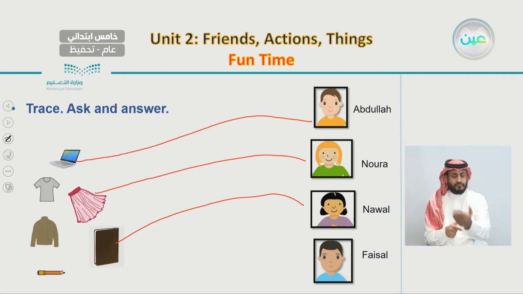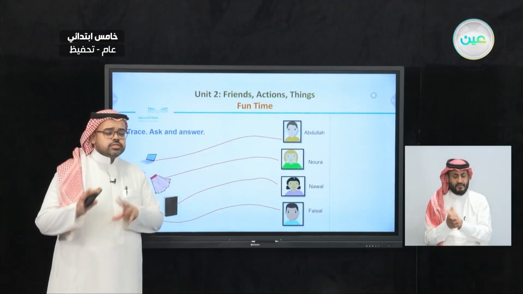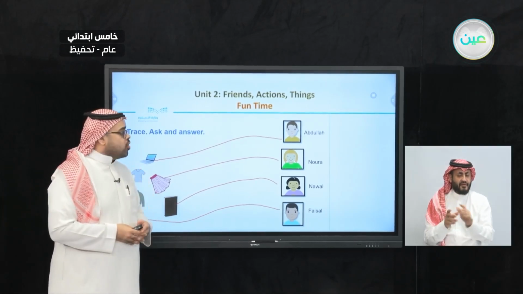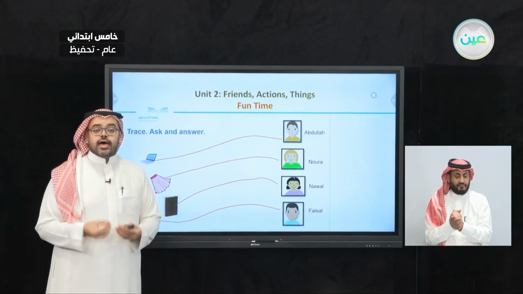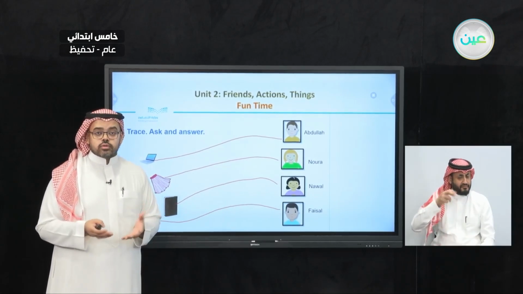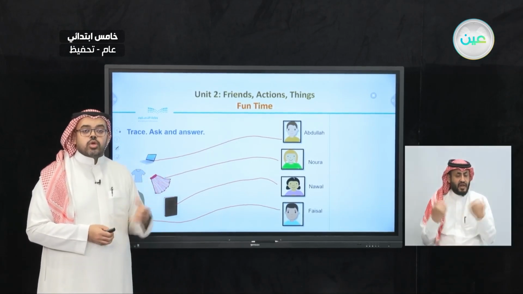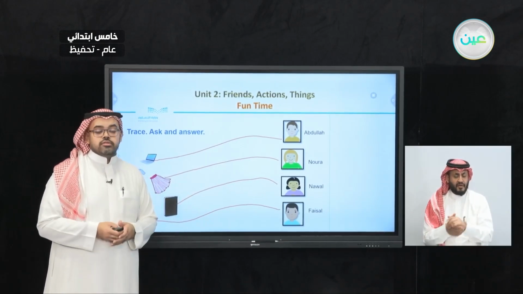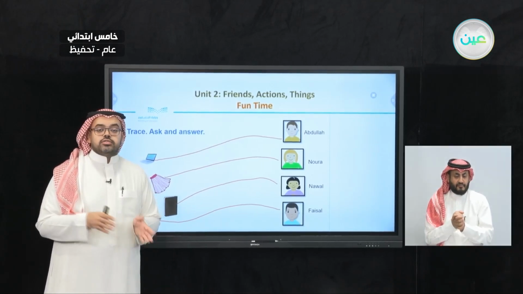So we can direct it toward Faisal. So in your books, you have different items similar to this with four friends, Abdullah, Nora, Nawal, and Faisal. So you can ask the question, whose, and choose the item. For example, whose shirt is that? Whose jacket is that? Whose skirt is that? Whose pencil is that? And choose the person that this item belongs to.